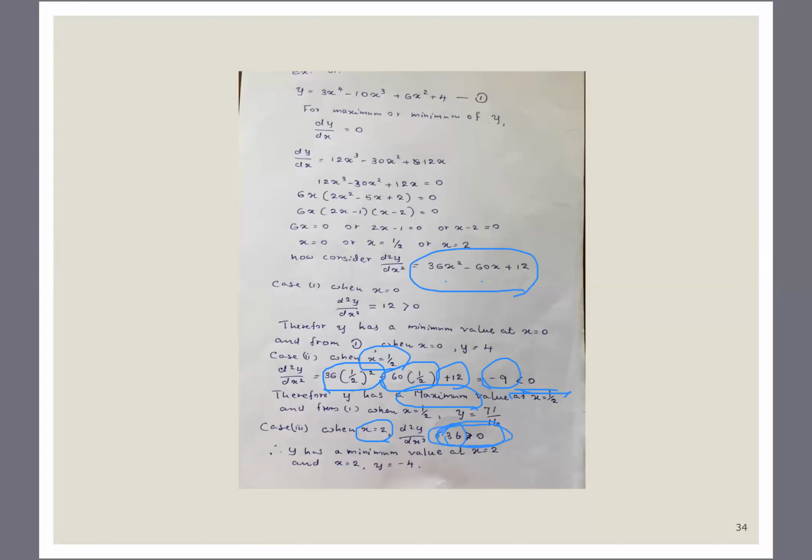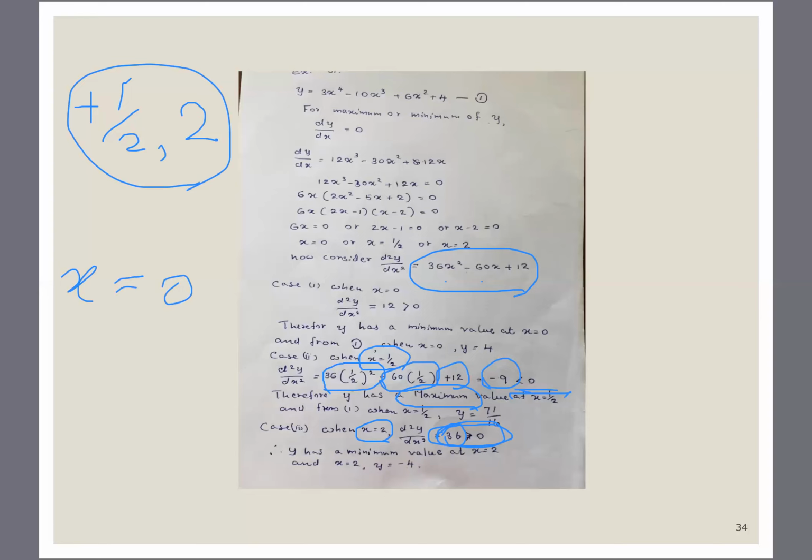Therefore, among these three values, right? x equal to half and x equal to 2 give the minimum value, and when x equal to 0, the function has a maximum value, right?